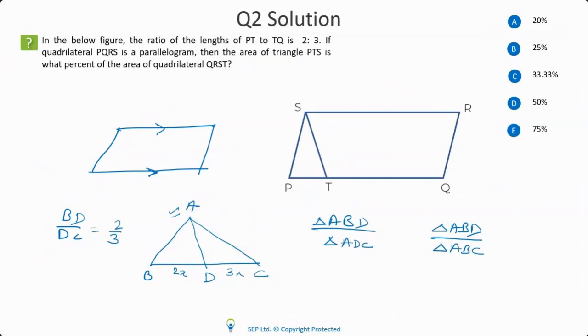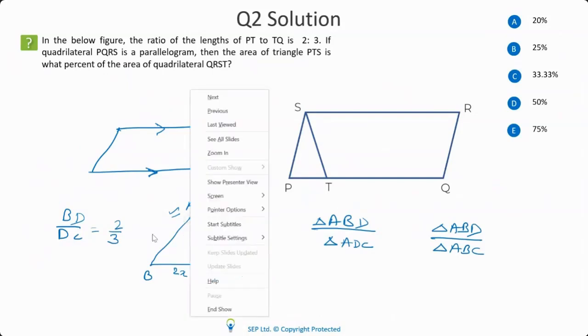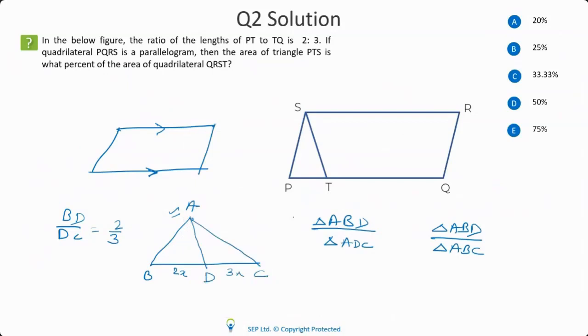Whenever you get a triangle of this form, notice that the height you have to drop for both triangle ADC and triangle ABD is from A. You'll be dropping it like this. Let me name this AF. Now this height AF is common for both triangles.